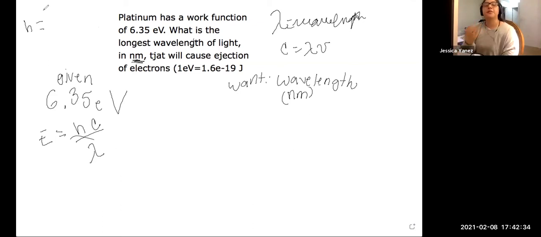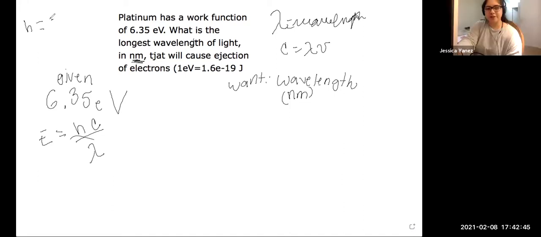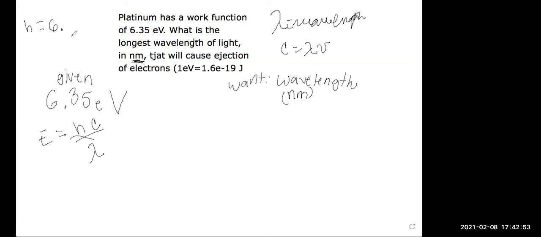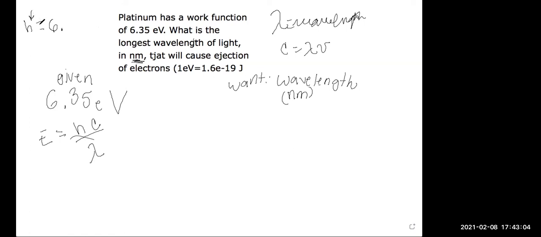And what is that number? Here, I'll start it off, 6 point... We're talking about Planck's constant, which is h, not Avogadro's number.